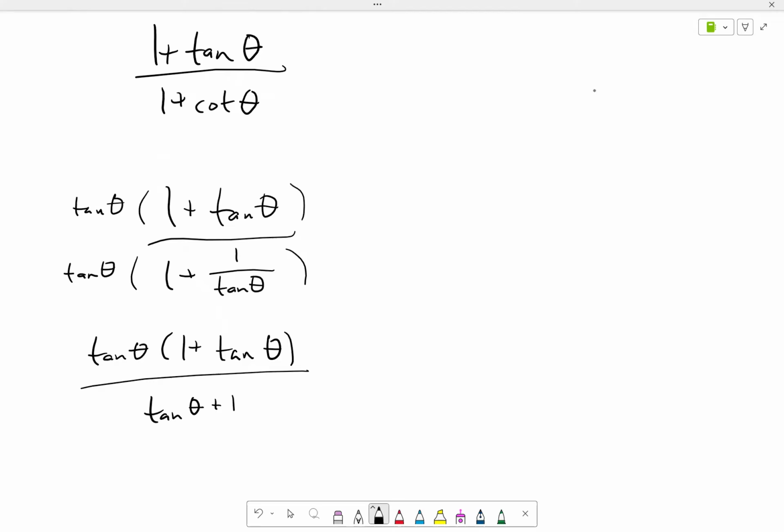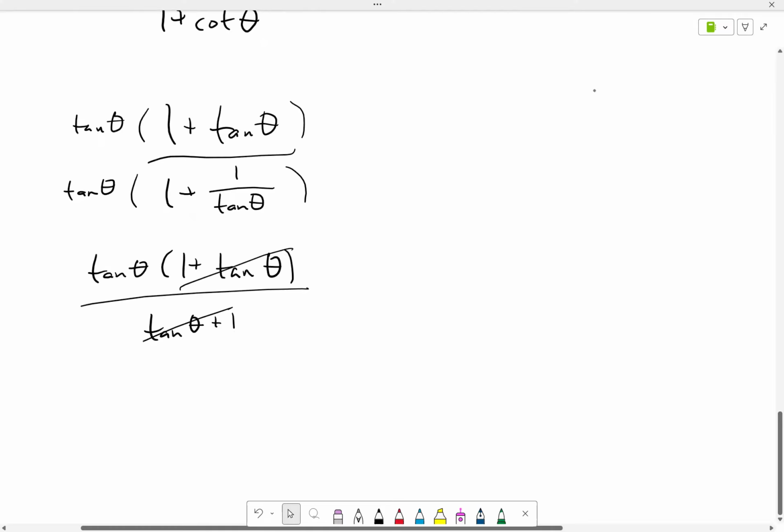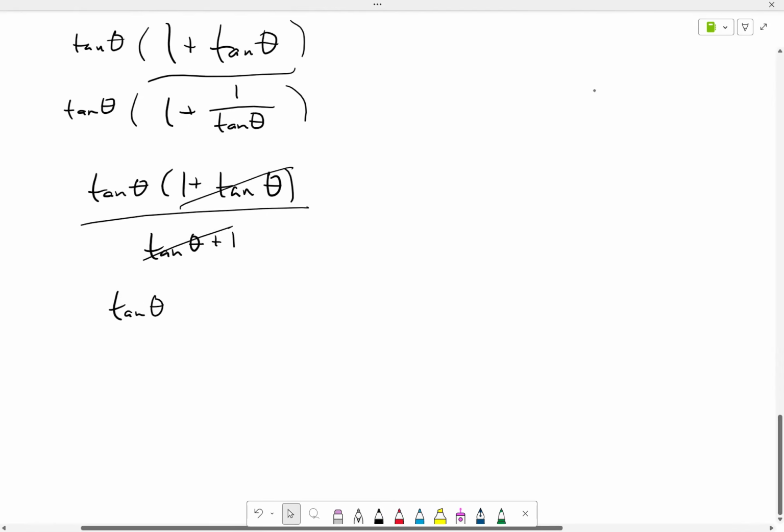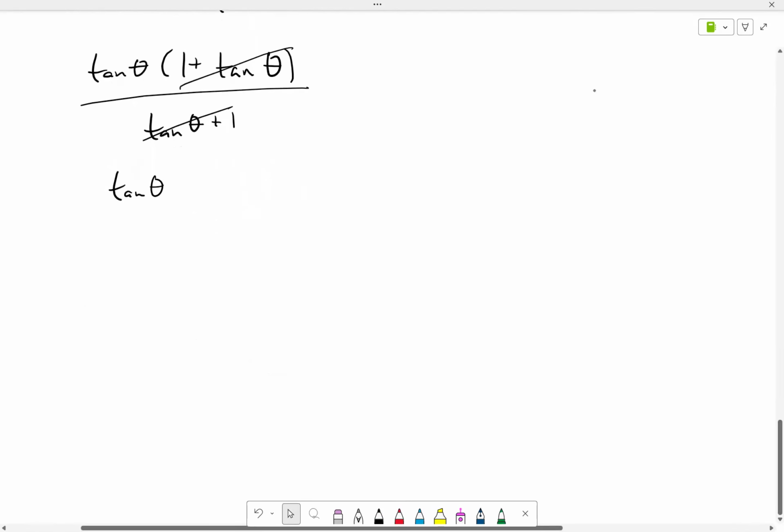Does anything cancel here? Yeah, so it is just tan theta.